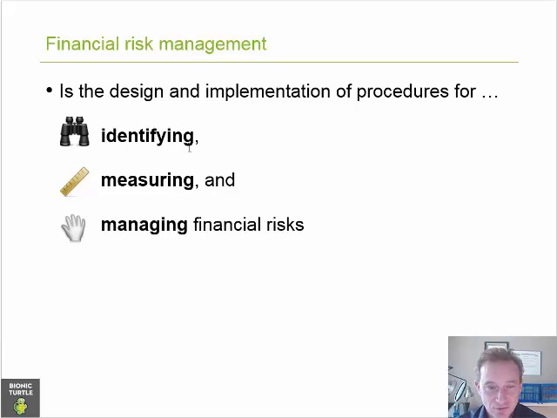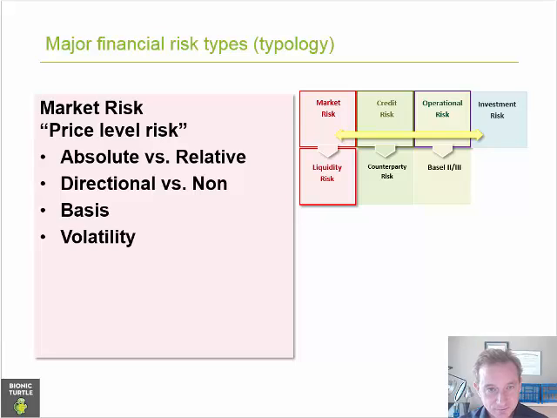We first have to identify the risk, and there are several case studies where this was just the problem: there was no awareness of the risk. But secondly, it's probably not enough just to be aware of the risk vaguely. We want to measure it. And then third, we want to manage the risk. Again, the FRM is really concerned with financial risks. There are many risks that are not under that financial risk umbrella.